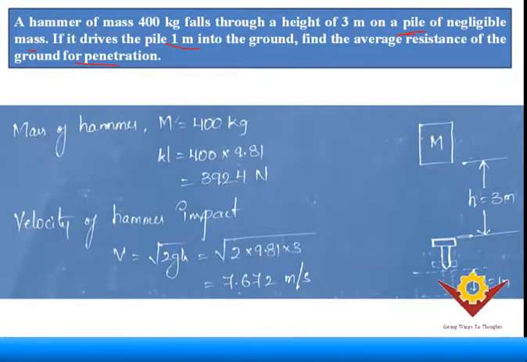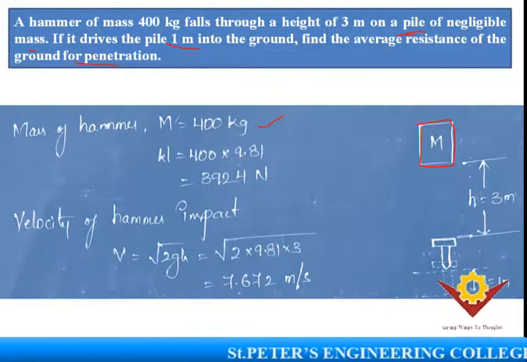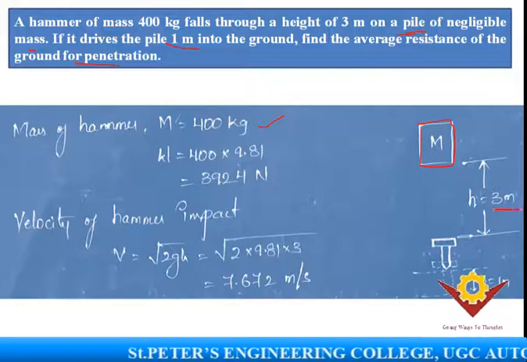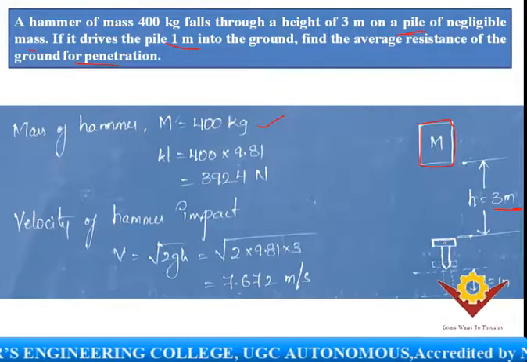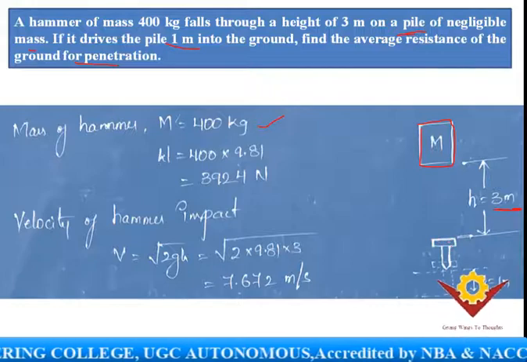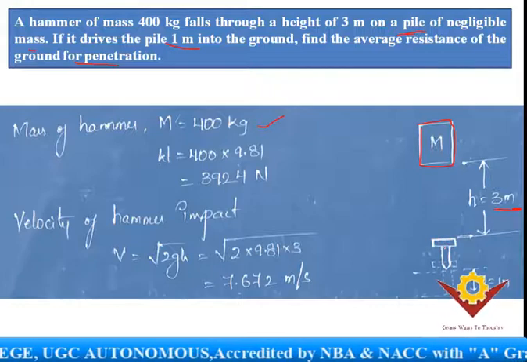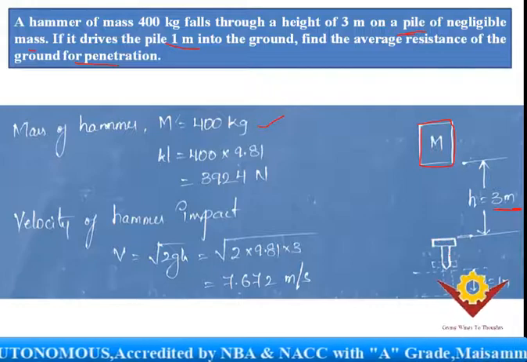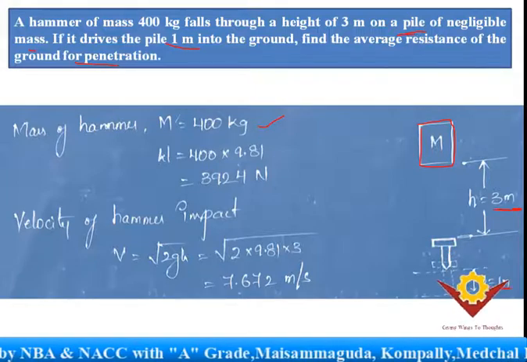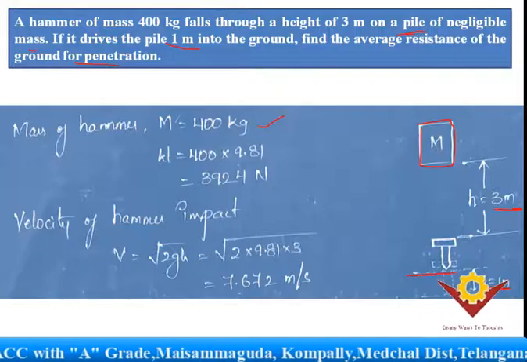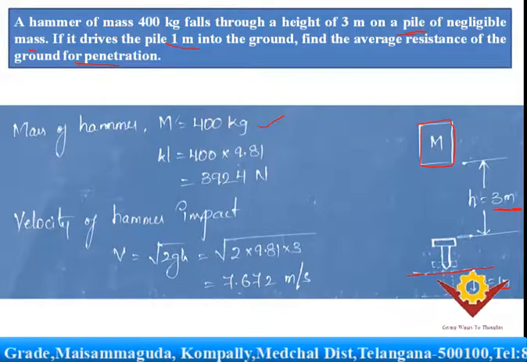Here we have a hammer of mass m, that is 400 kgs, and from a height of 3 meters it falls on a pile or a nail, and for this nail we have a negligible mass, which is 0, and it drives the pile 1 meter. This is your ground surface.